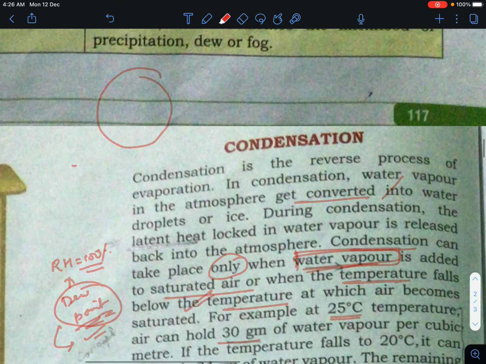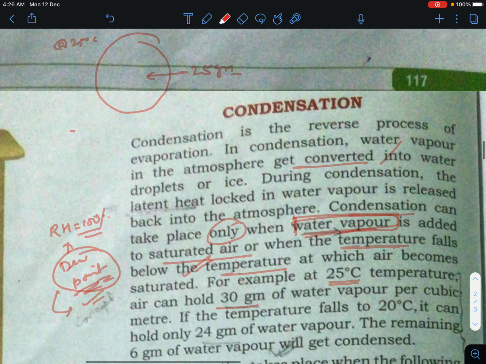Now suppose at 25 degrees Celsius, this volume of air contains 25 grams of water vapor. But at 25 degrees Celsius, the air can hold 30 grams of water vapor.